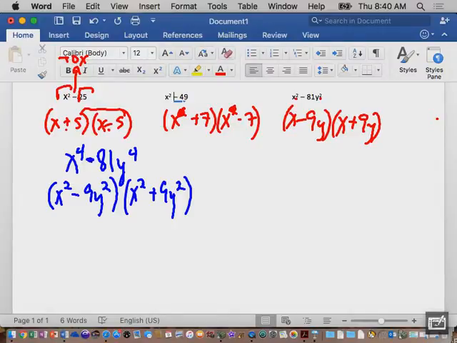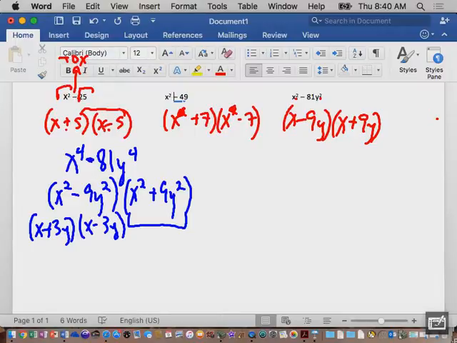You can't factor the sum of 2 perfect squares. So this is done. But look at this. This is also a difference of 2 perfect squares. I can do it again: x plus 3y, x minus 3y.